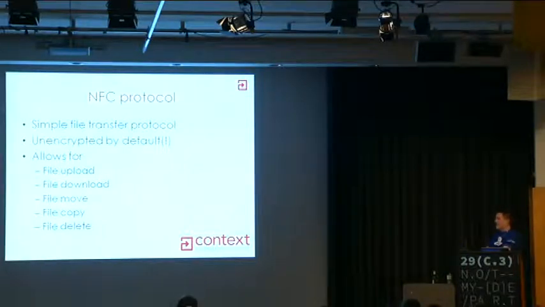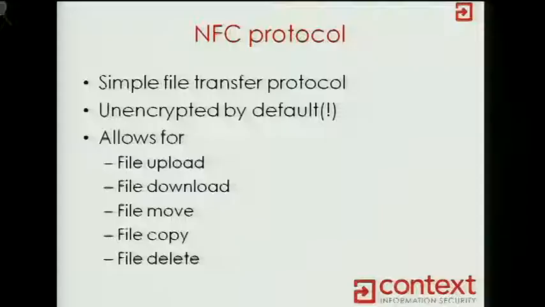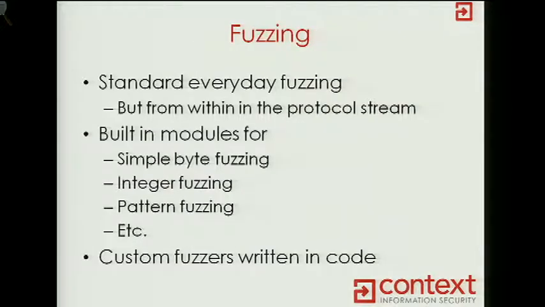So we'll go back to the NFC protocol. And it is a simple file transfer protocol. It is unencrypted by default, and it allows file upload, file download, all that sort of good stuff. So because there's a bit of complexity in parsing this, it seemed a reasonable place to go looking for something to fuzz.